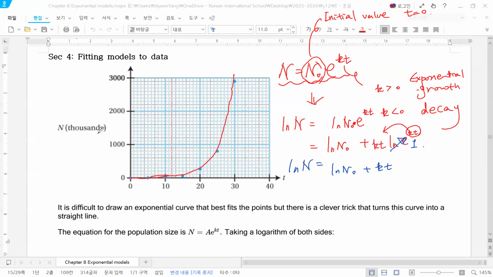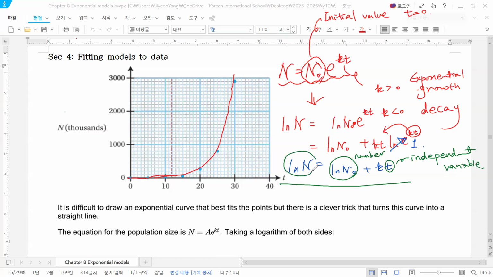Now, please look at the shape of this one. ln N0 is just a number, right? It's just a number. t is the independent variable. And ln N, we treat it as the dependent variable.